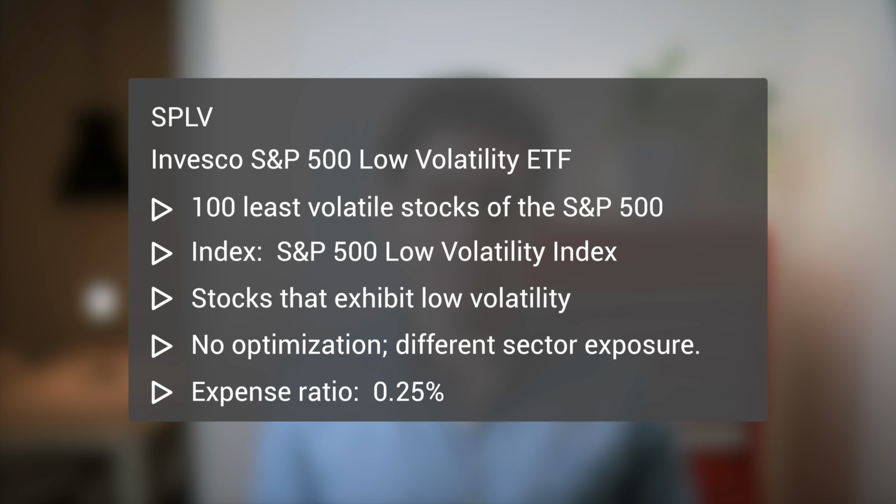SPLV does not run any sort of optimization like USMV does. As such, SPLV's holdings and sector exposure are considerably different than those of USMV. Historically, USMV has delivered greater returns and lower volatility than SPLV. SPLV has over $8 billion in assets and an expense ratio of 0.25%.